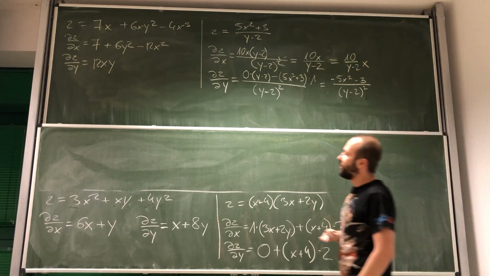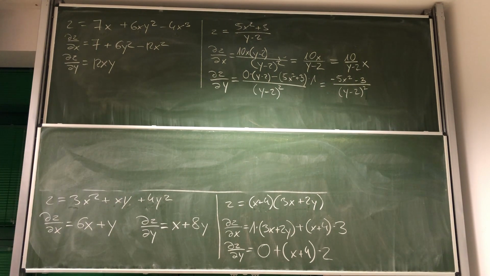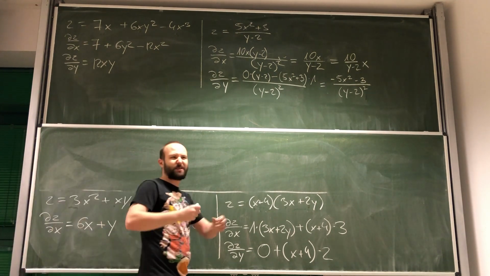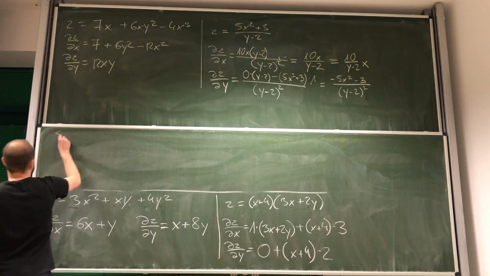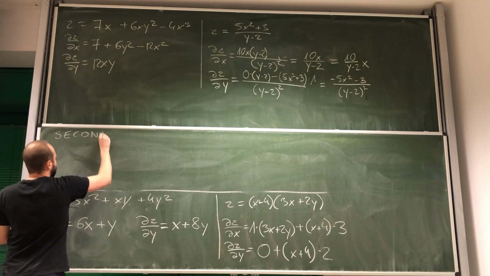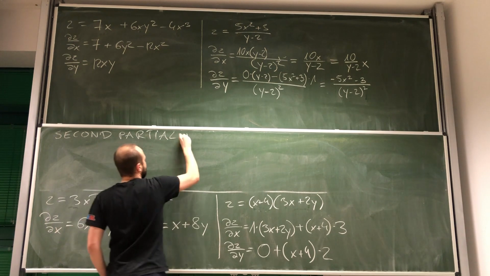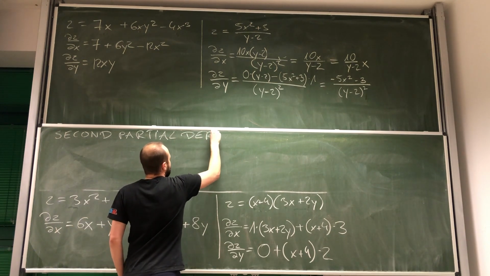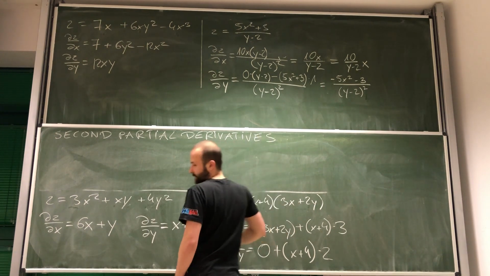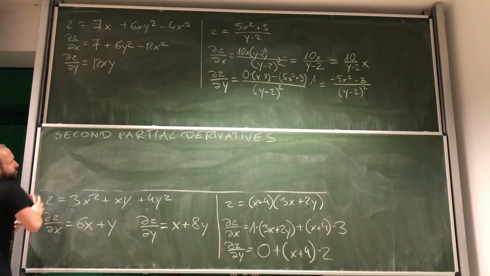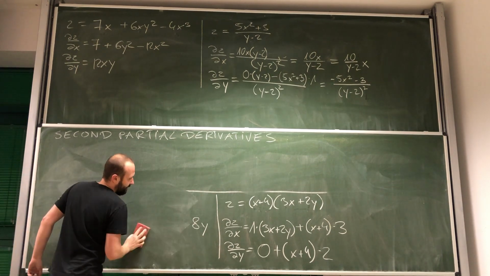And this is what we're going to do right now, because for now, we were calculating partial derivatives, but those were first partial derivatives. So now let's go to second partial derivatives. Of course, we could go deeper, but we will not have to.